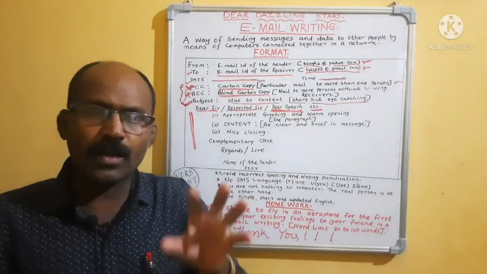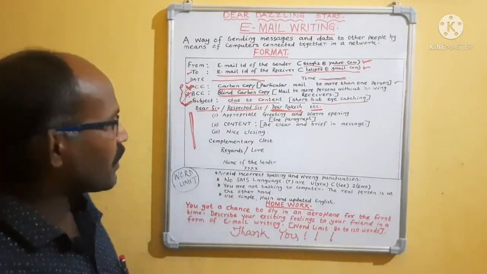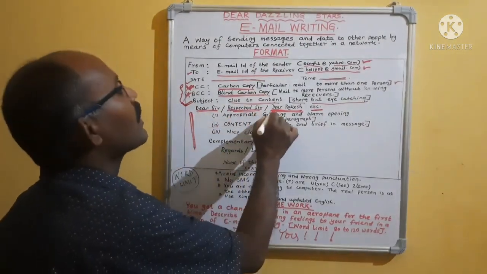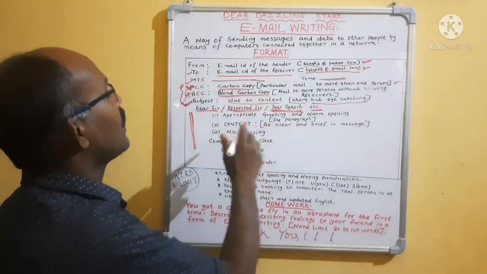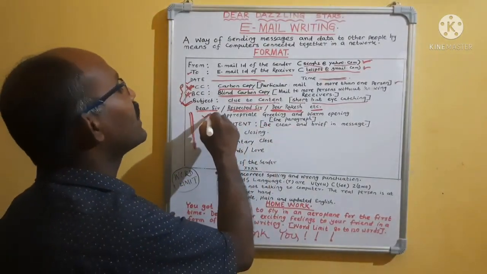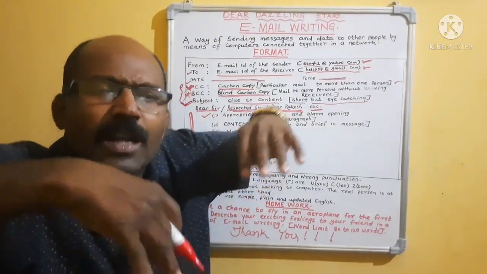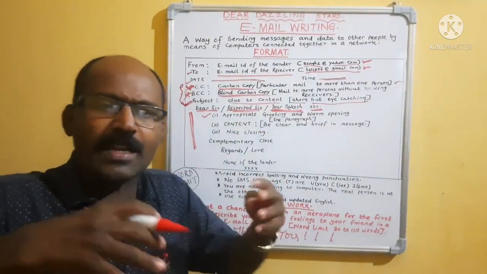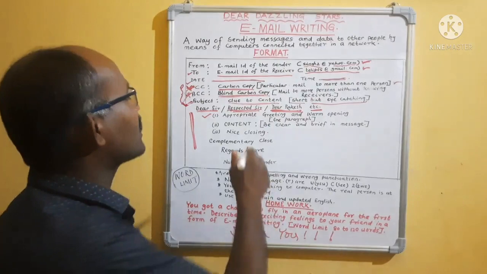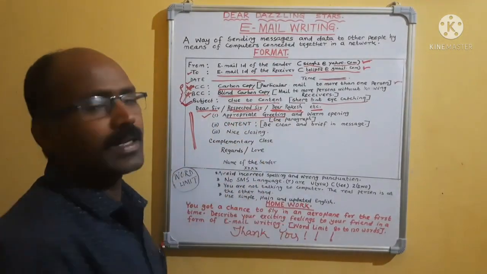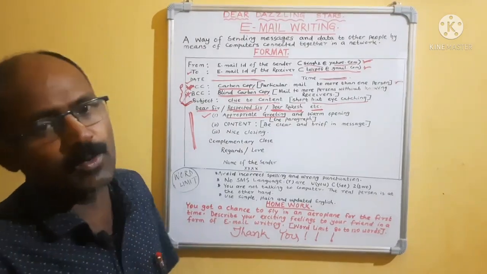But while you are writing an email, after dear sir or respected sir or dear friend, etc., then comes an appropriate greeting and warm opening. That means you should open that email, you should start the writing in such a way that one will definitely get the greeting. You will greet a friend in a different way.